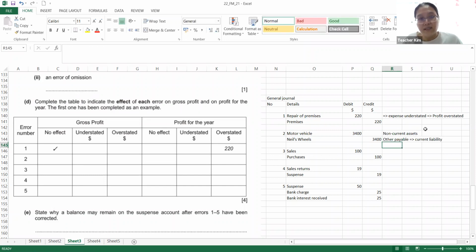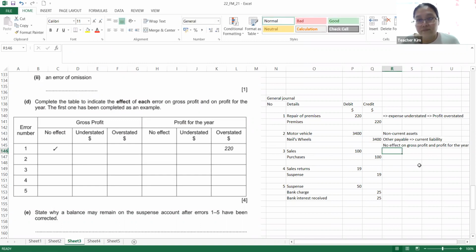So in this case, no effect on gross profit and profit for the year.